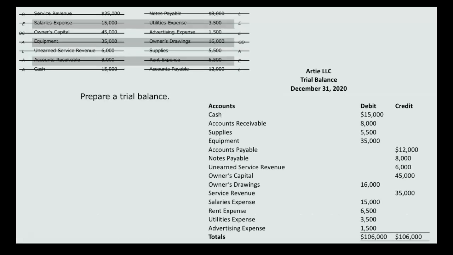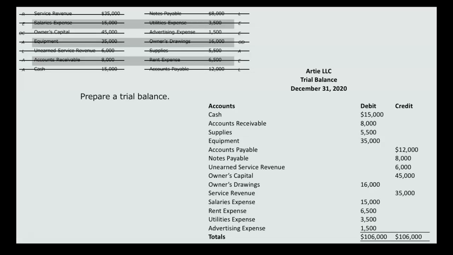So if we take a look back at our trial balance, we assume that our cash balance of $15,000 is the correct amount. But you might have made a mistake when working through your ledger, working through your T accounts, and coming up with that $15,000 balance.